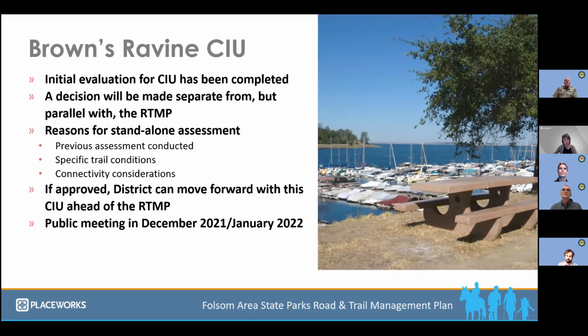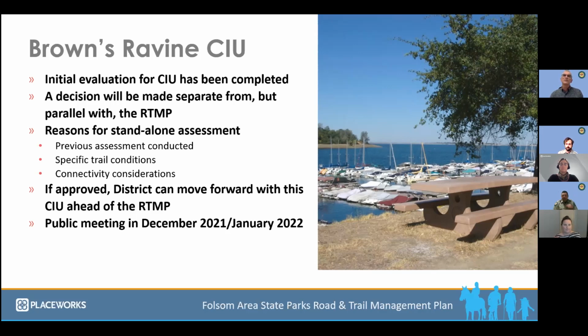The reasons for assessing this trail as a standalone change in use include: the trail was previously assessed as an individual change in use proposal as far back as 2001 and the Folsom Lake Trails Advisory Group. The terrain along this trail is relatively gentle with good sight lines for the most part.